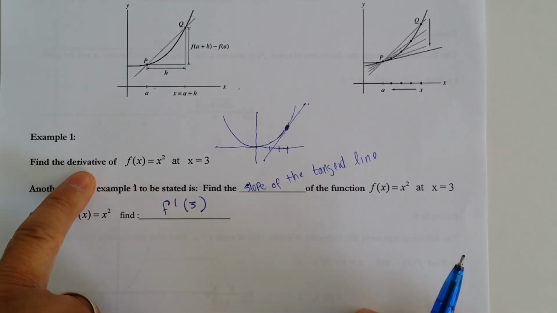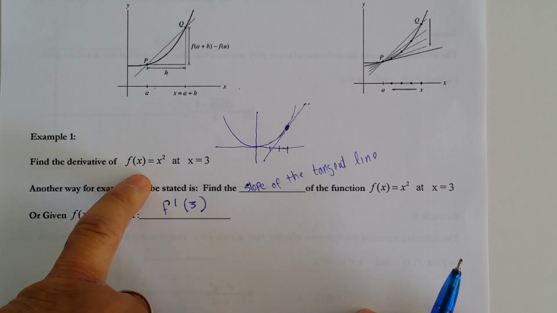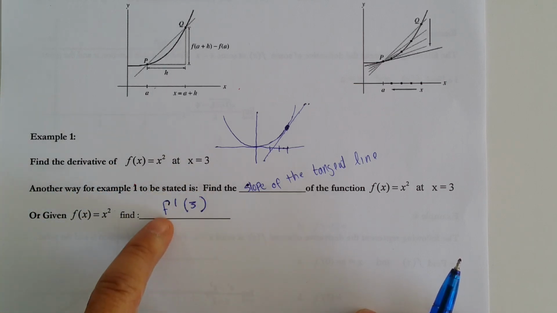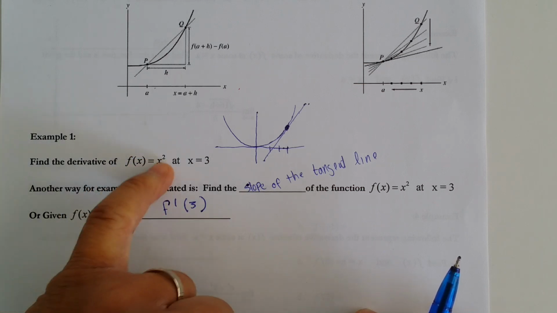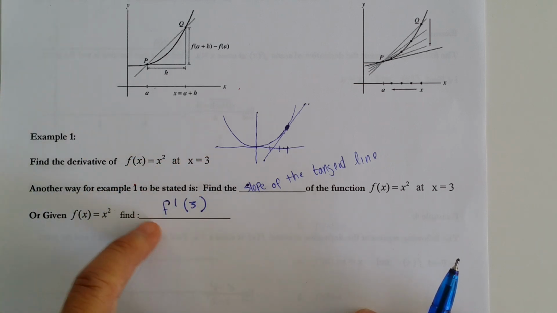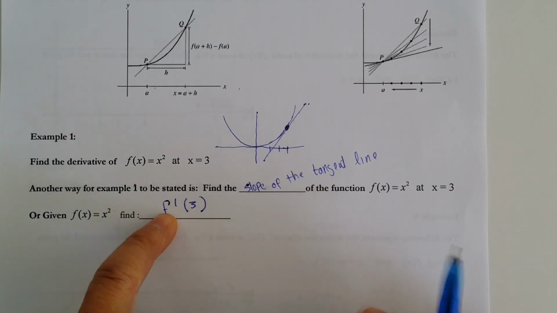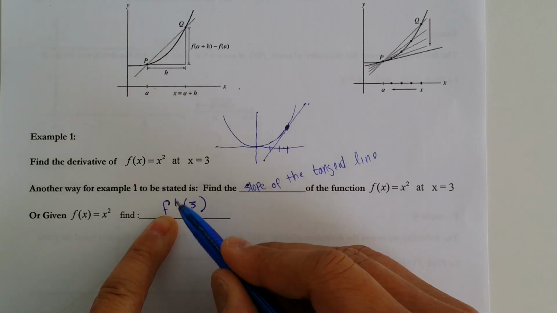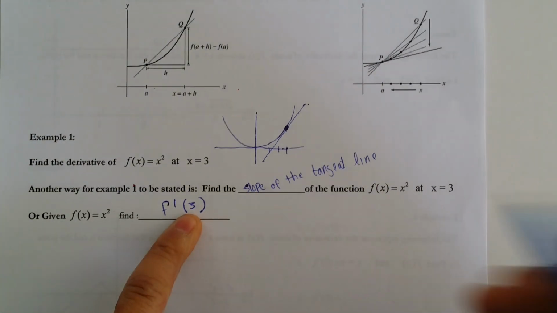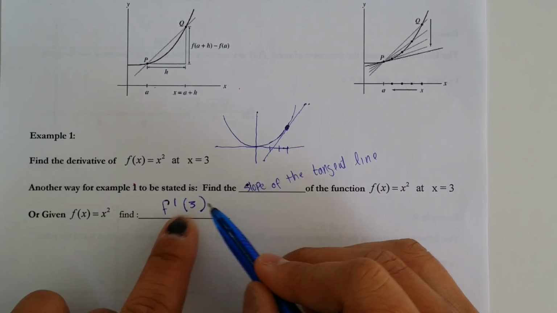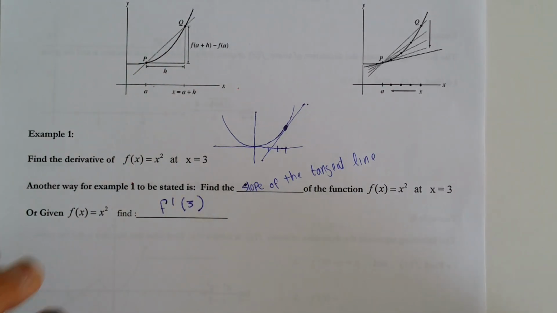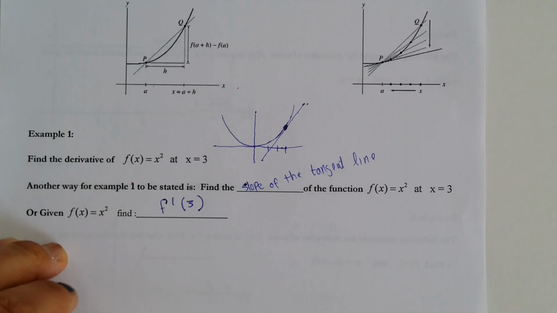Instead of saying derivative of this function at 3, they'll just say f prime at 3, because f prime at 3 means derivative of the function at 3. Remember, that little apostrophe is read as f prime at 3. Awesome.